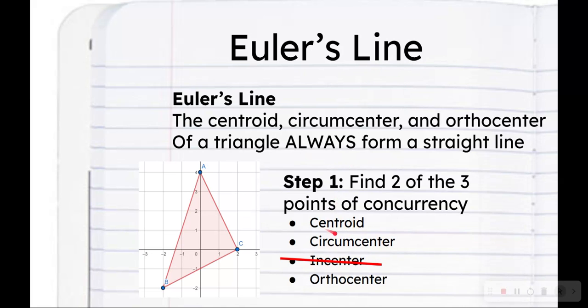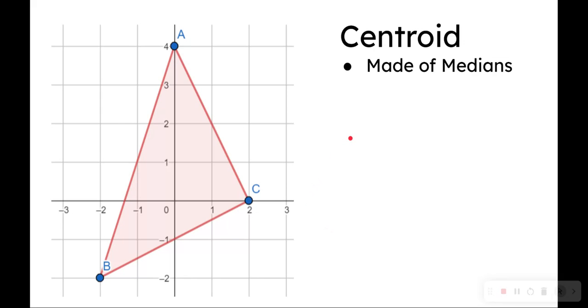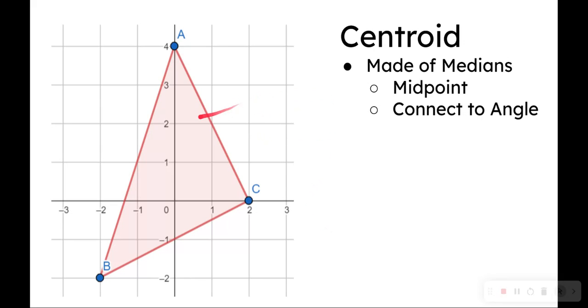The centroid is made up of medians, and a median is when you find the midpoint and connect it to the opposite angle. I'm going to find the midpoint of these sides. Make sure you use your midpoint formula because this is on a graph, and that's the rule. Show your work.